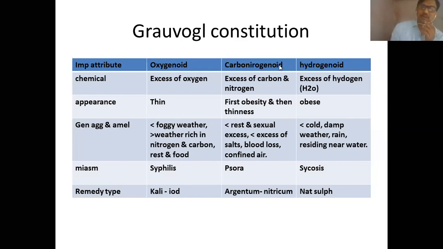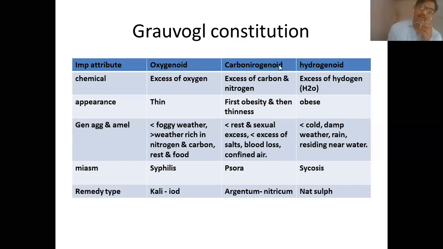It contains ozone, which, from chemistry, is O3. So again it is excess of oxygen in the atmosphere that causes complaints in this oxygenoid constitution, and these personalities are better in weather which is rich in nitrogen and carbon, better by taking rest, and better by taking some kind of food.